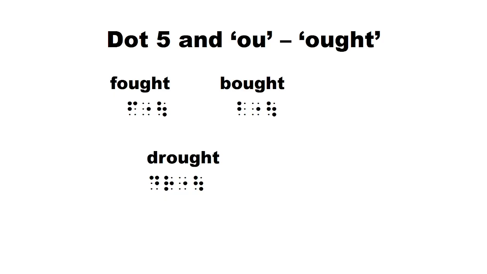That's DROUGHT. Again, we can contract ought there, the last 5 letters. So we write DR and then the contraction for ought, which is dot 5 and the contraction for OU. So there you have it. Dot 5 OU stands for ought.